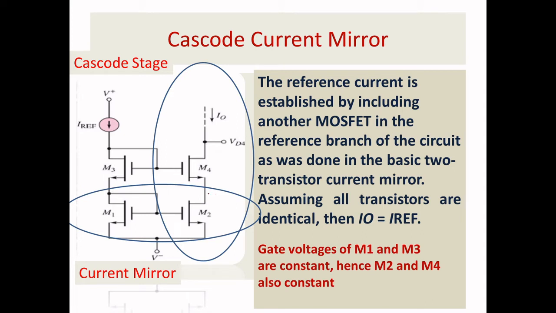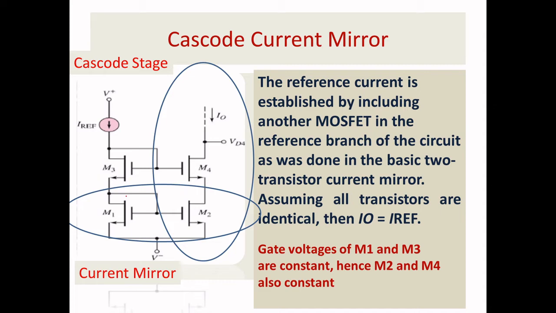First, we want to make I naught equal to IRF. The changes in VDS2 with respect to VDS should be suppressed. We know that the gate voltage of M1 and M3 will be equal, and M2 and M4 are constant.